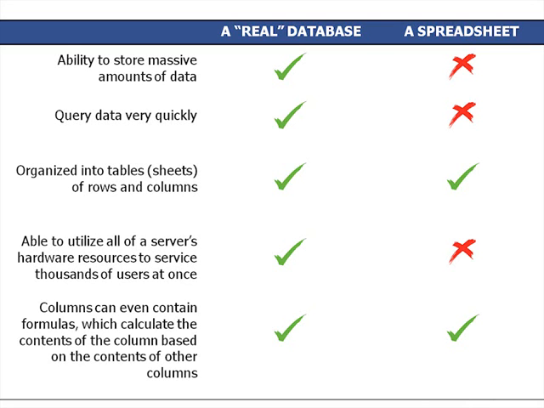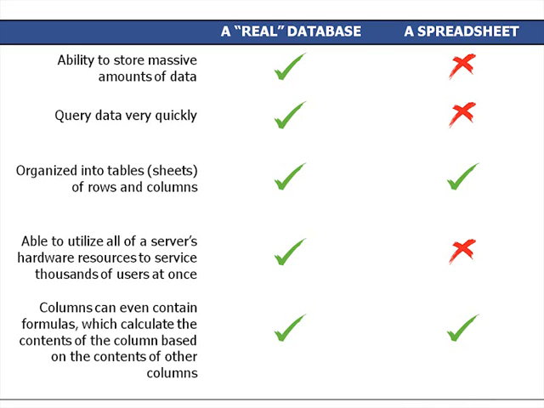A spreadsheet, on the other hand, is generally not able to store massive amounts of data. Excel, for example, tops out after a few thousand rows. A real database is used to access data very, very quickly, whereas a spreadsheet is not. If you needed to find a particular piece of information in a spreadsheet, you'd find yourself scrolling up and down quite a bit, which is certainly not very quick.